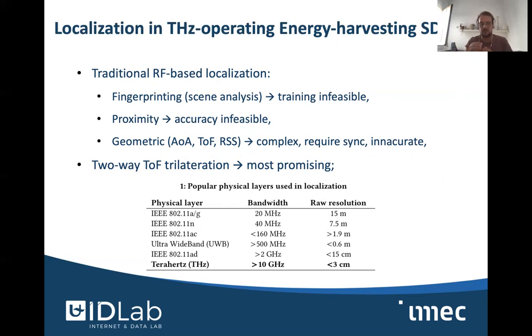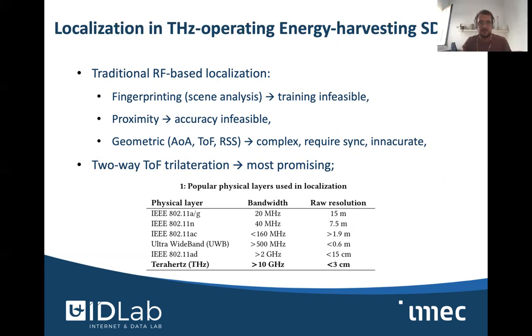Luckily, you can do two-way time of flight, where one device sends a signal, the other device receives it, waits for a certain known period, and then retransmits the signal. Based on this two-way transmission of a signal, you can establish the time of flight measure, and for that you don't need synchronization between the devices. And if we are talking about terahertz, terahertz gives us a lot of bandwidth.